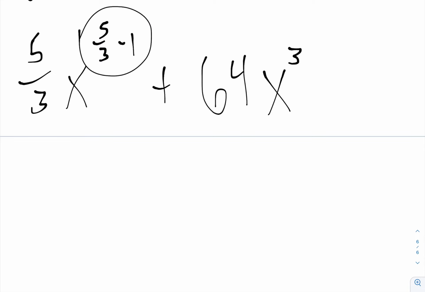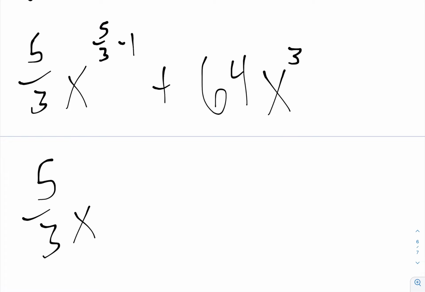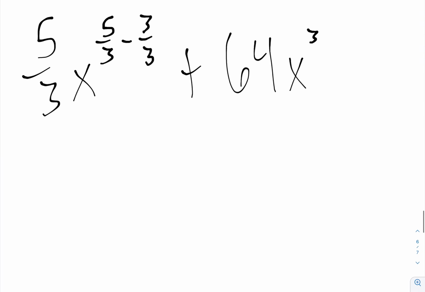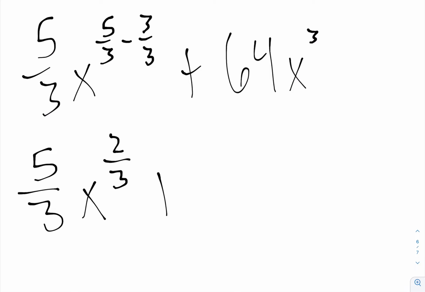Okay, this exponent here, we can just make the 1 into 3 over 3. So it's 5/3 times x to the power of 5/3 minus 3/3. Remember, that's still just 1, plus 64x cubed. Okay, so we got 5/3 x to the power of 2 over 3 plus 64x cubed.